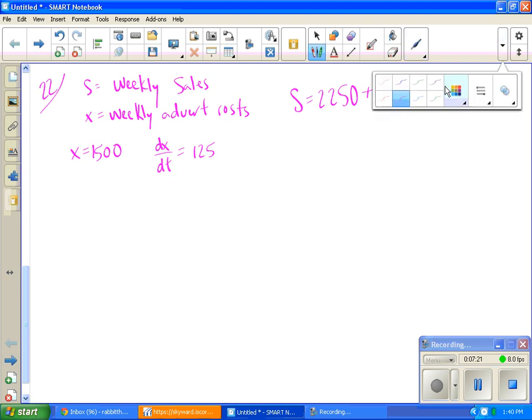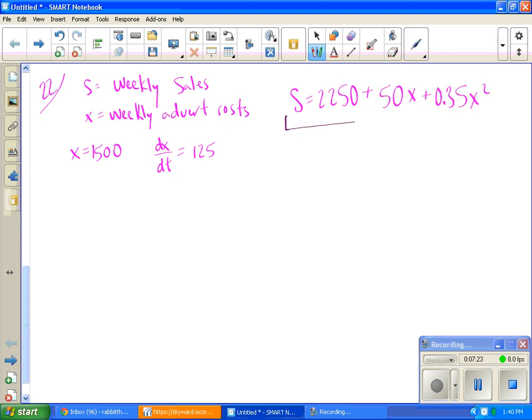Now I want to go ahead and take the derivative of this. What's the derivative of s? ds/dt. And what am I looking for? Find the current rate of change of weekly sales. So aren't I looking for ds/dt in the end? That's what I'm trying to find.